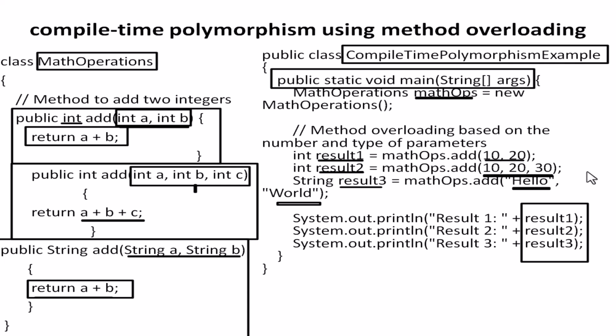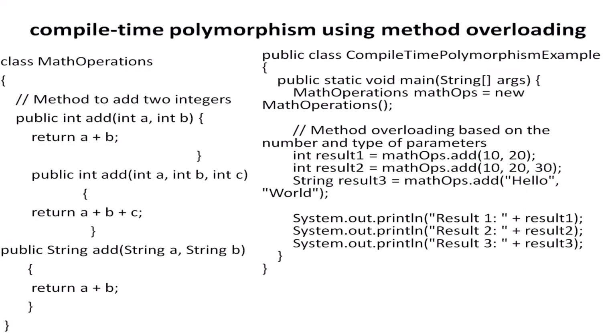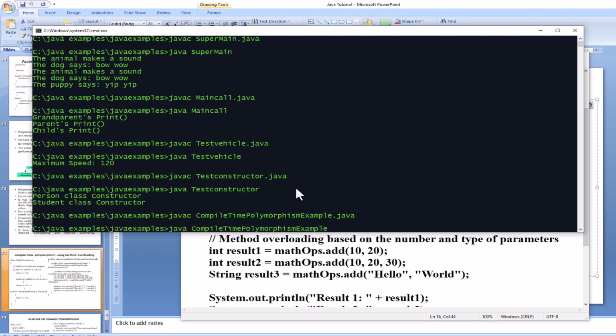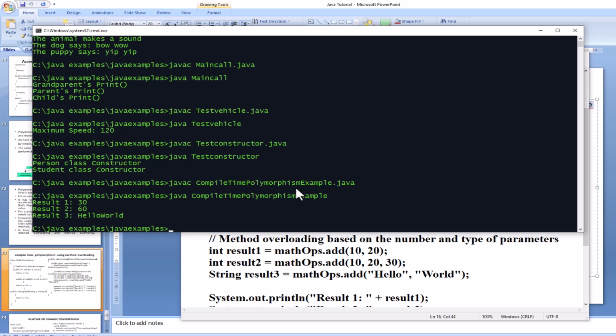Those are the operations which retrieve the values by passing parameters to the addition, based upon two arguments, based upon three arguments, and based upon string type arguments. So let us compile this particular program. We have executed the program, and we get 30, 60 and hello world. In this manner we can execute the program.